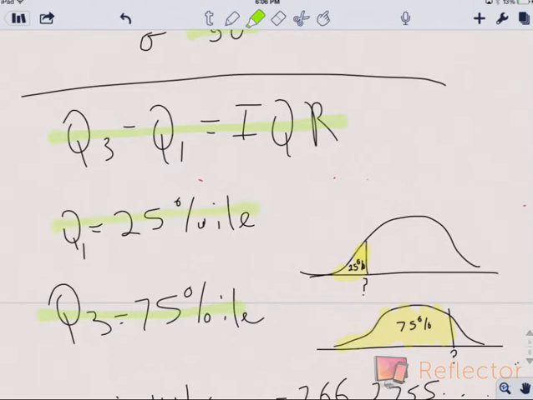What that means in terms of these diagrams is that 25% of the area underneath that curve will be shaded, and then for Q3 it's all the way up to 75% of that area underneath the curve. But we want to know what value that is so that we can subtract them to get the interquartile range. Just like we did in the last problem to find K, we are going to use inverse normal.